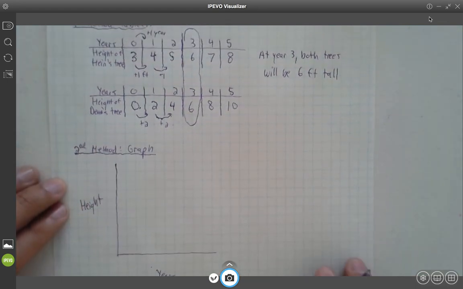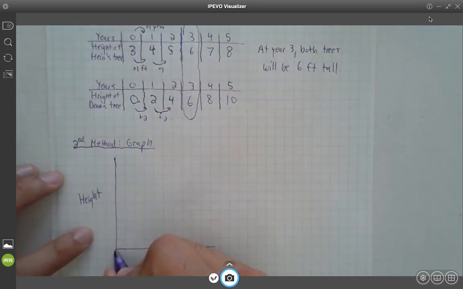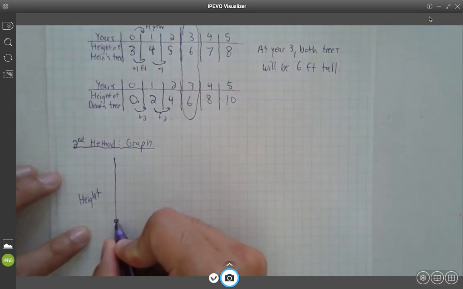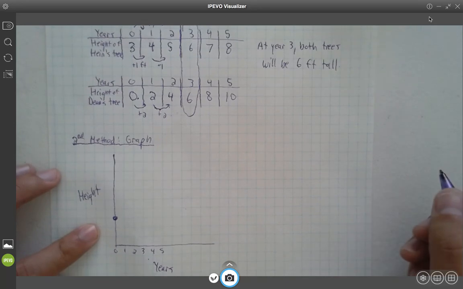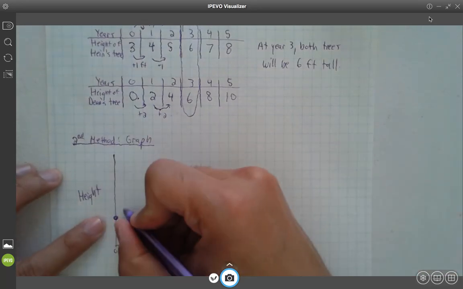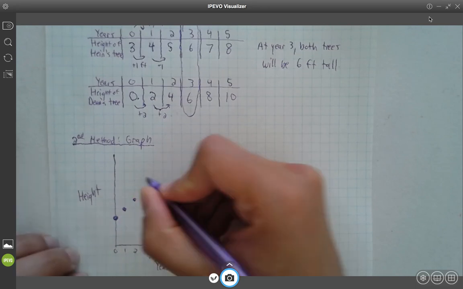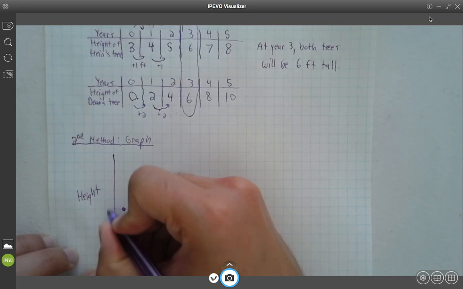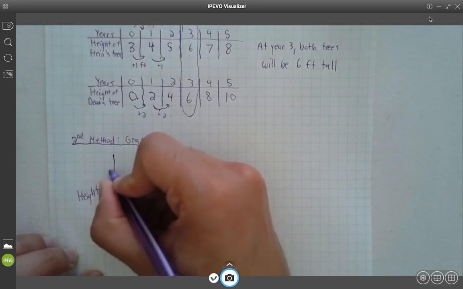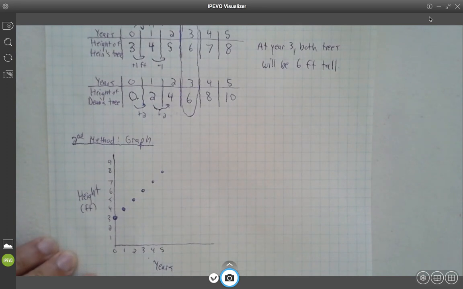So notice that first table, at 0, it was 3. So at 0 is at 1, 2, 3. At year 1, it was at 4, and then it was at 5, and then 6, then 7, and then 8. If I label these to help you see that, that's fine. And we should probably add that this is in feet, so we have units.